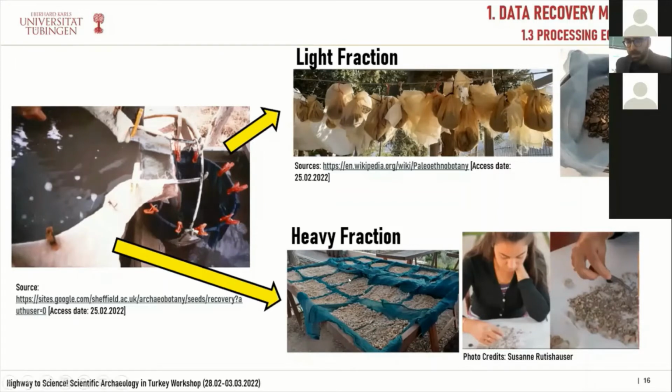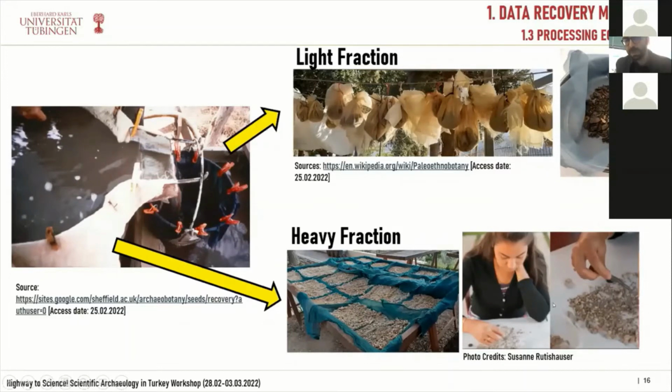The second fraction is the heavy fraction. These are the parts of the sample that don't float. This sample is just under the water here on top of this mesh. Then we remove this mesh from here and put it under the sun to dry.